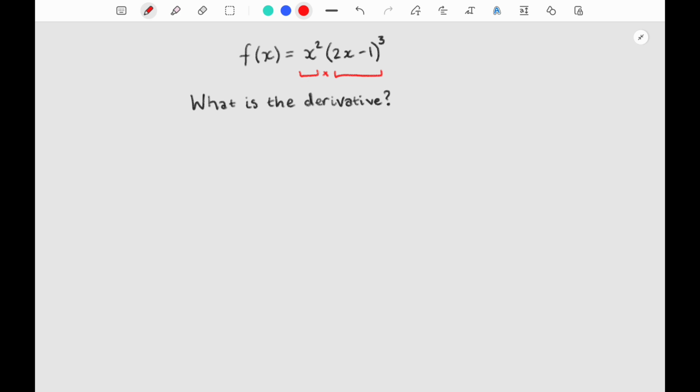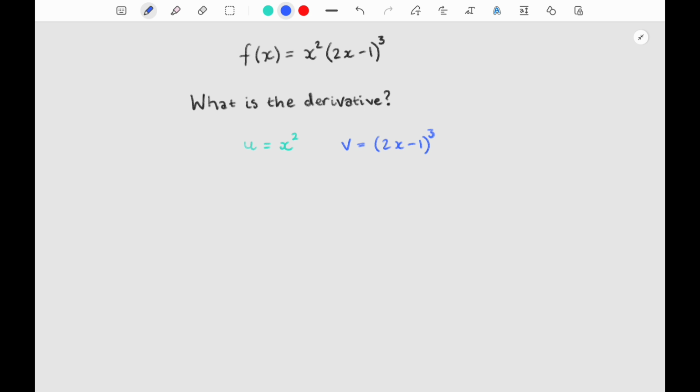And because we cannot do anything about that, we're going to use something called the product rule. And the product rule asks us to define the left-hand side as u, that's x squared, and the right-hand side as v, which is 2x minus 1 cubed.